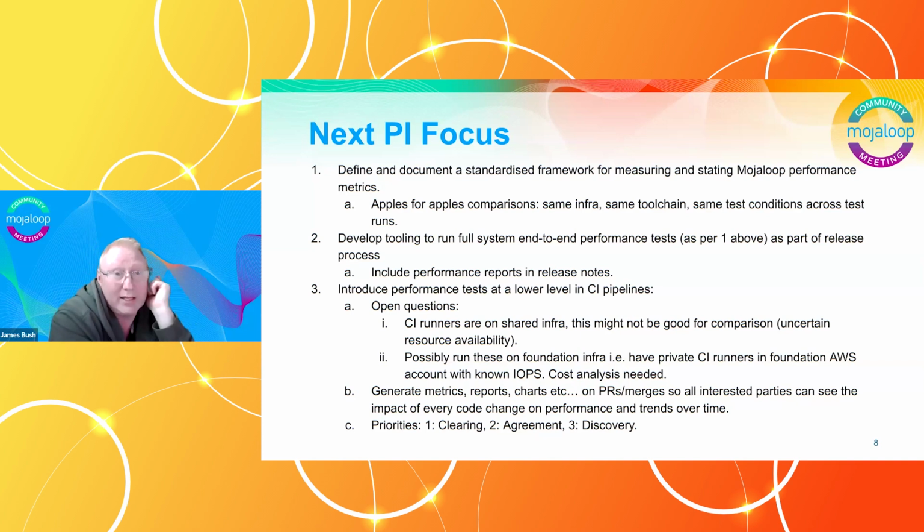The next step from that is to build some tooling that enables those repeatable tests to be run as part of our release process, as part of the automation that Sam was talking about. So the CI script that generates the PR and performs all the other roundup tasks as part of the release process, we want to have that automatically spin up a test environment, run the performance test suite, capture those results and present them in the release notes as well.